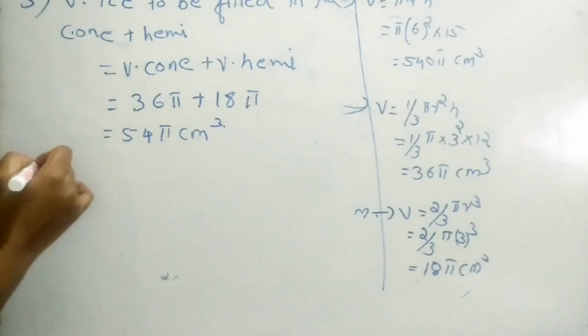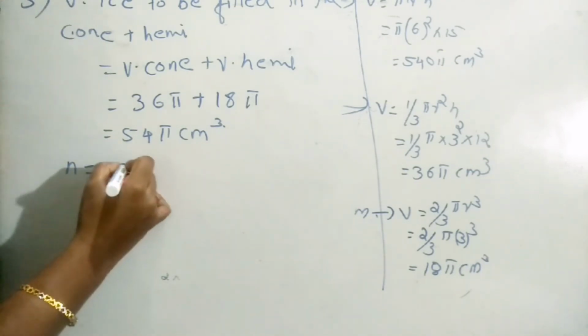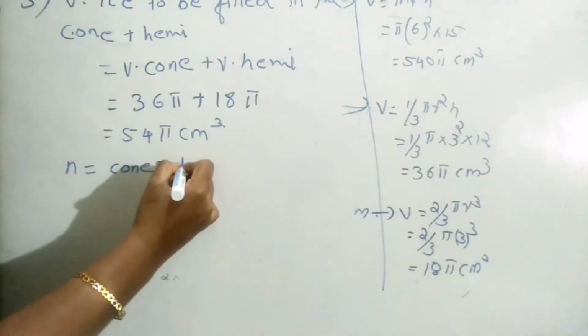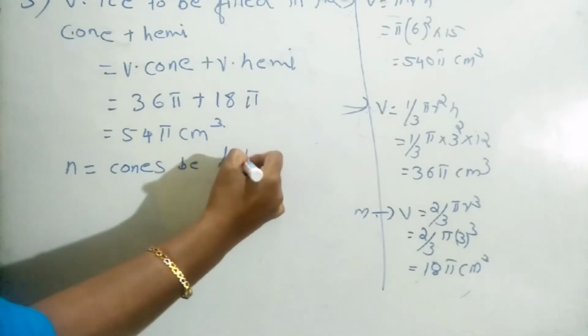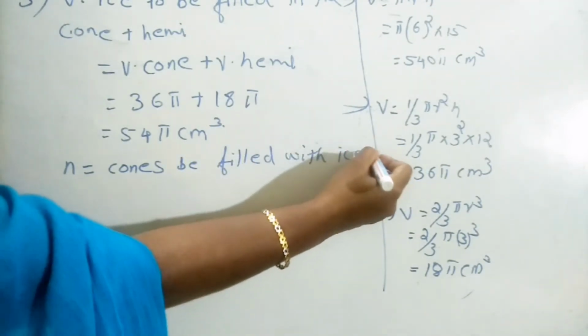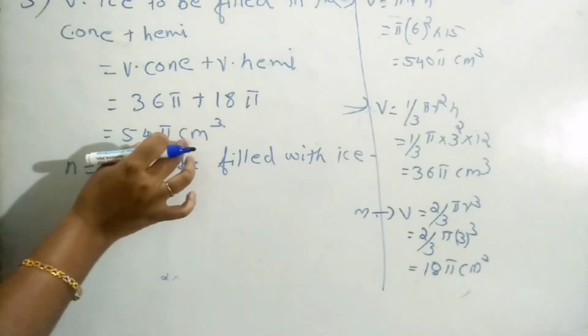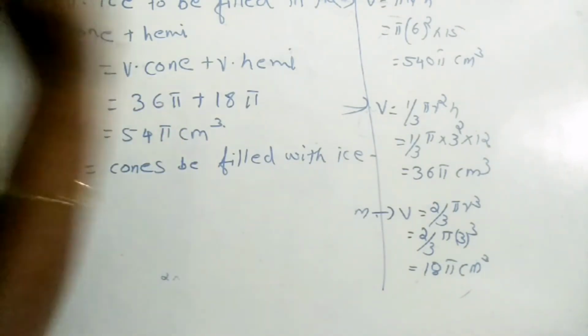Let n cones be filled with the ice cream. This is the volume of ice cream filled in one cone.